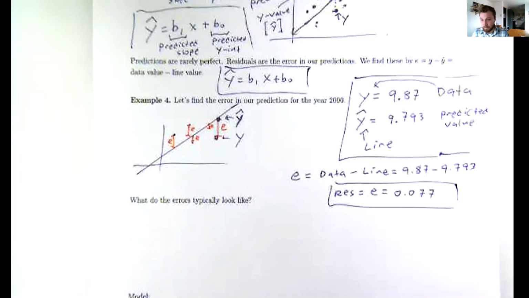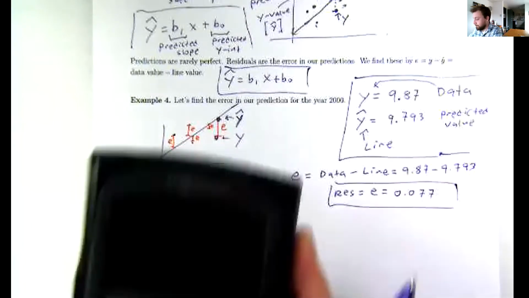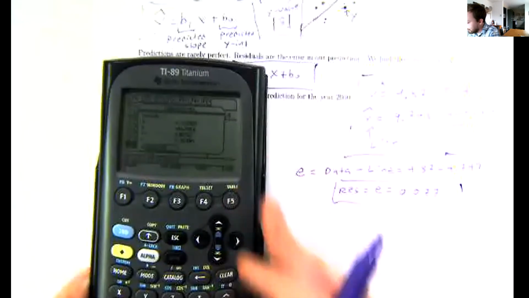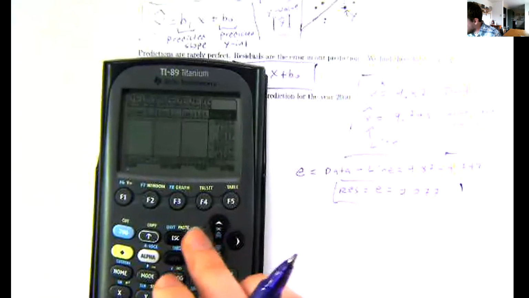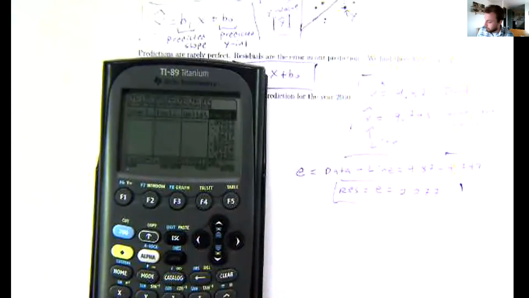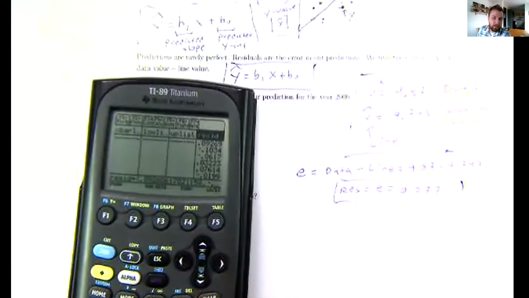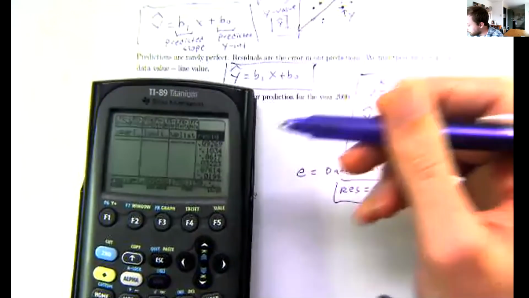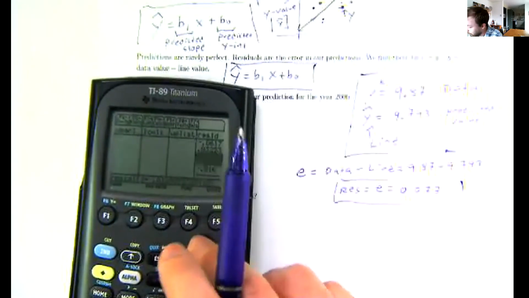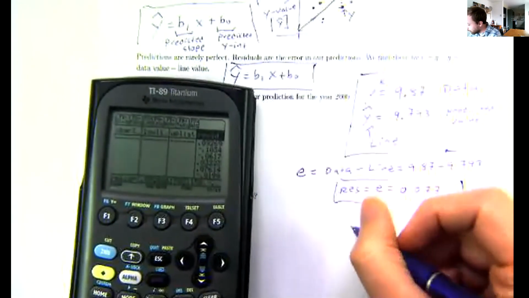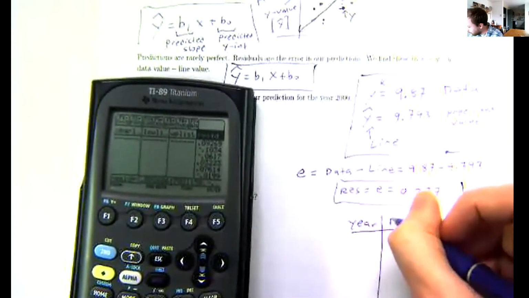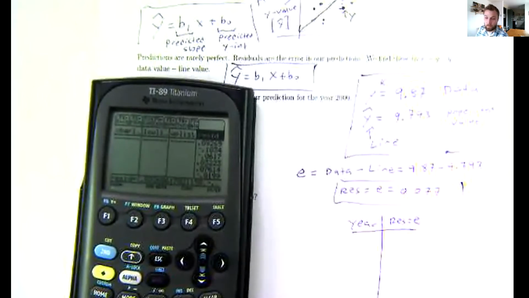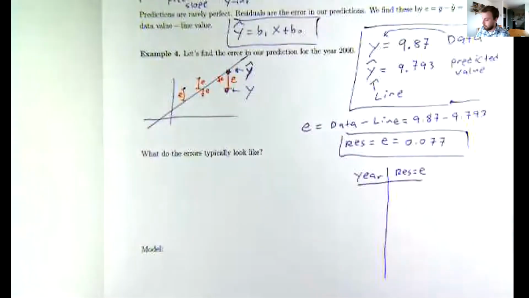Now, something interesting that your TI-89 does, if you have one, is as soon as you finish doing your regression, it spits out an extra column, and that extra column says resid. So these are the actual residuals for all of the indicated years. I'm going to write out our years and what our residual or error amount was for each year using my calculator.